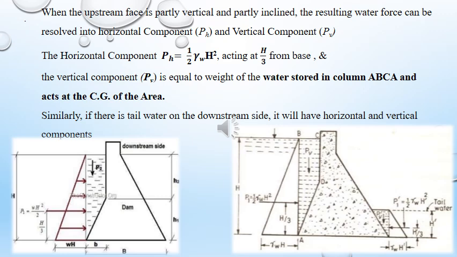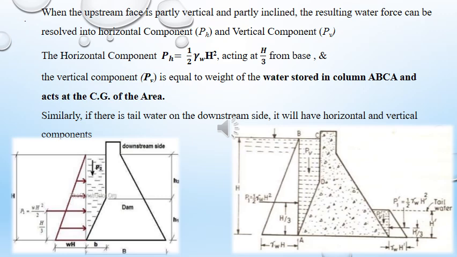The horizontal component P is the same as earlier, 1 by 2 gamma W H square, acting at H by 3 from the base. The vertical component PB is equal to the weight of water stored in the column A, B, C, D, A, and acts at the CG of the area.